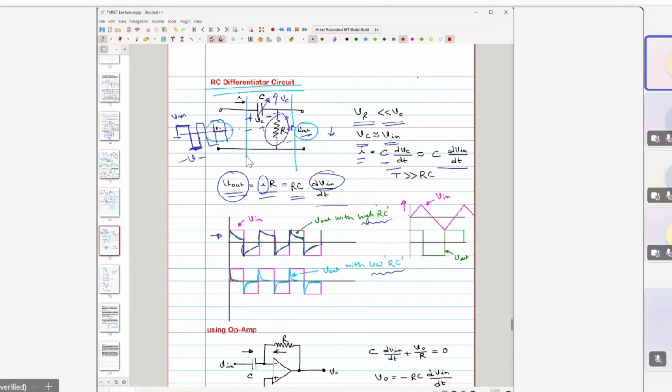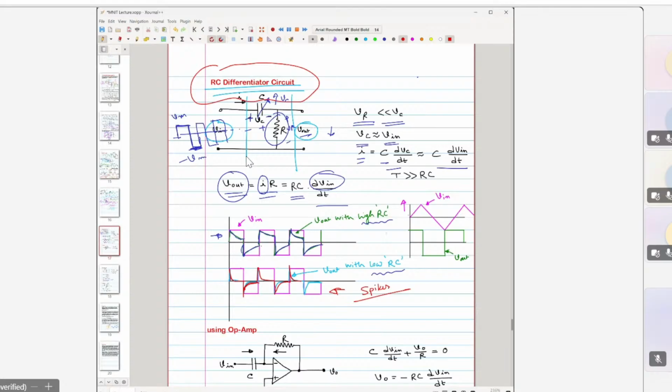Again when the polarity of the input reverses, it shoots up like this again. So basically it would give you these spikes. If you need this type of spike in some application, then you can use this RC differentiator circuit.